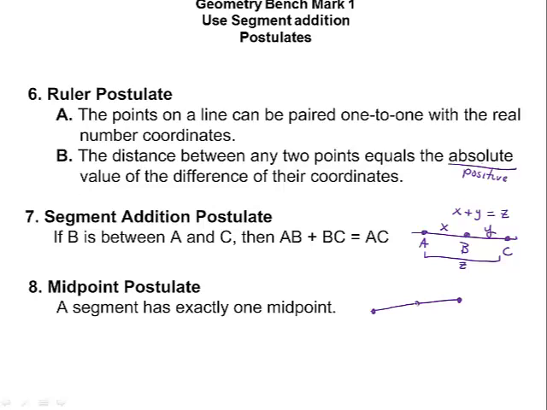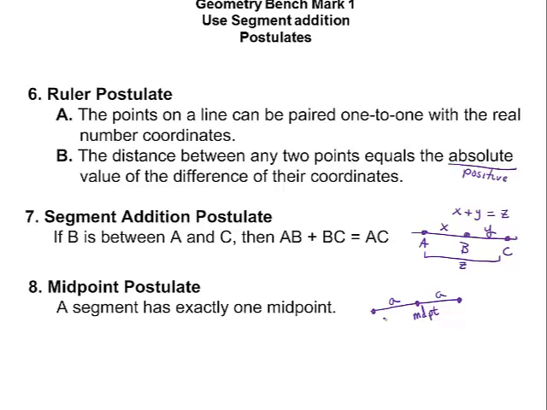So here's my midpoint. And so again, this length here will be the same as this length here. And there's nowhere else I could put that point where this would be true, because even if you moved it over a micro fraction of an inch, it's no longer equally in the middle.